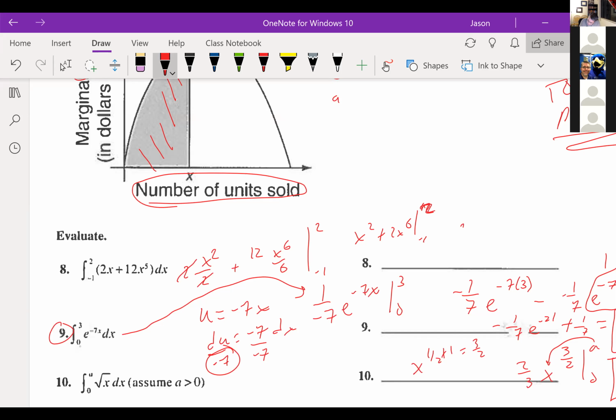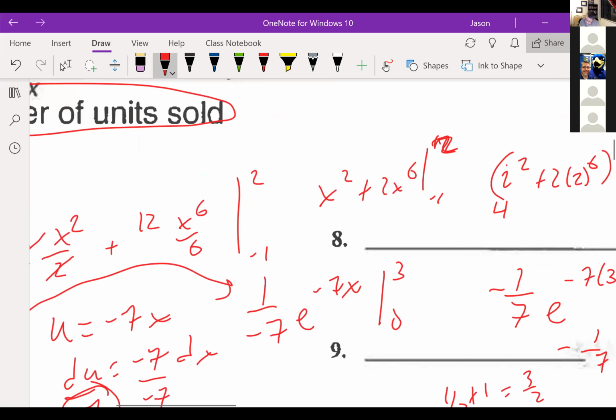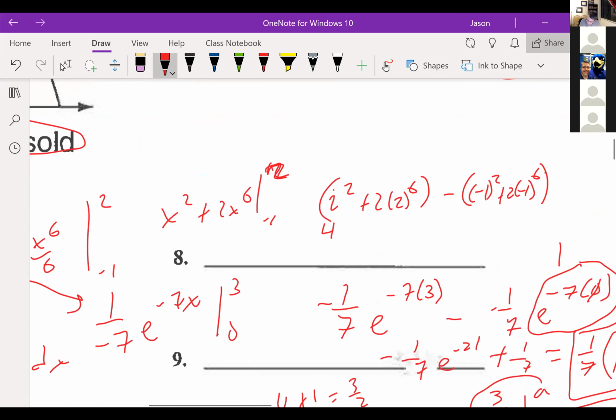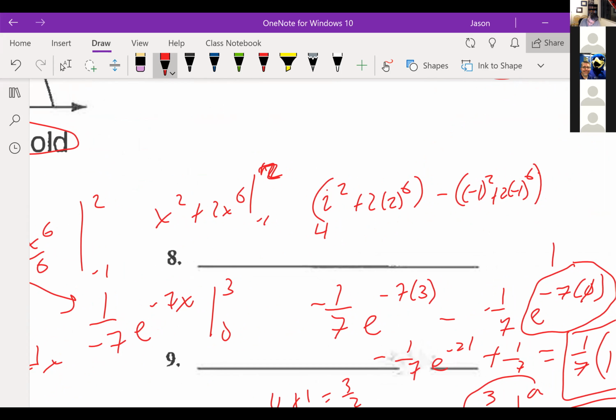Plug in the 2: 2 squared plus 2 times 2 to the 6th, minus negative 1 squared plus 2 times negative 1 to the 6th. So what is this? This is going to be 4 plus 2 to the 7th power, basically.